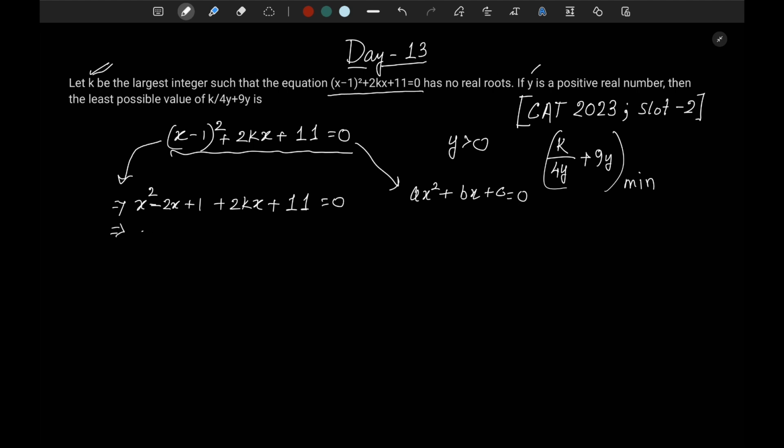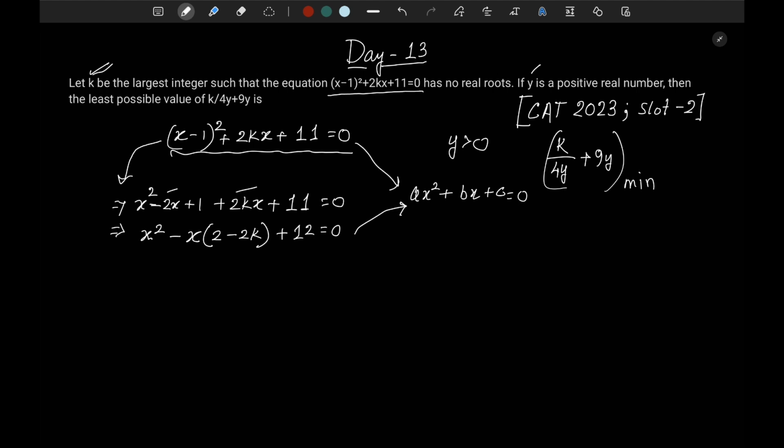Or we have x square, then the coefficient of x will be bundled up from here and here, and it will be minus x common, this is 2 and this is minus 2k. And the rest of the constant term is nothing but 11 plus 1, that is 12.